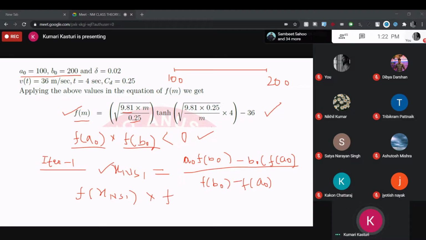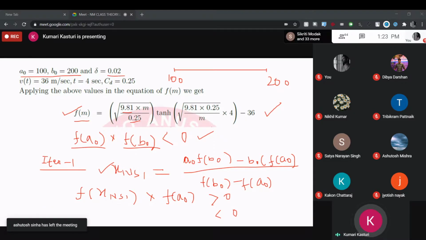You have to check whether this multiplication is greater than 0 or less than 0, then decide the interval. This is the completion of the first iteration. Same procedure you have to do up to getting the relative error 0.02. Is that clear?